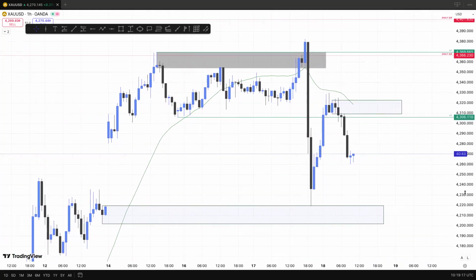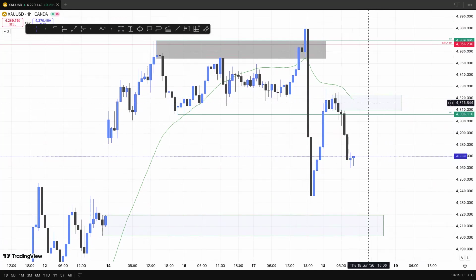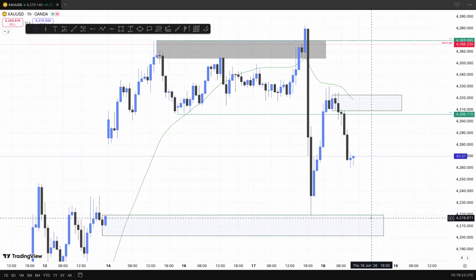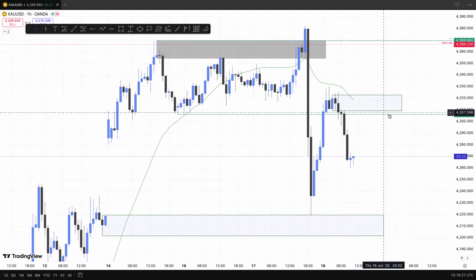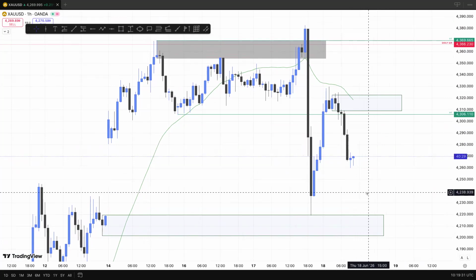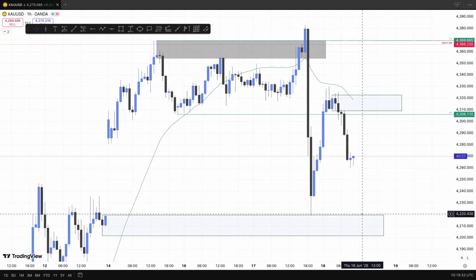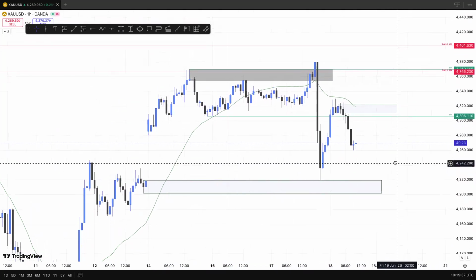the fate of XAUUSD's bearish move. Okay, so it's either price will retrace back into this area and continue the bearish move, or if price hasn't retraced into this area, we should anticipate for sells into this demand right here. Okay, as simple as that.